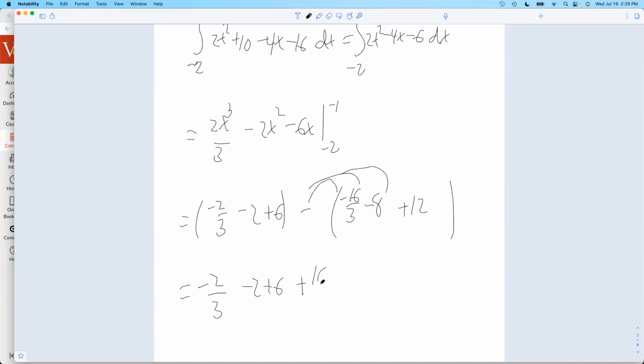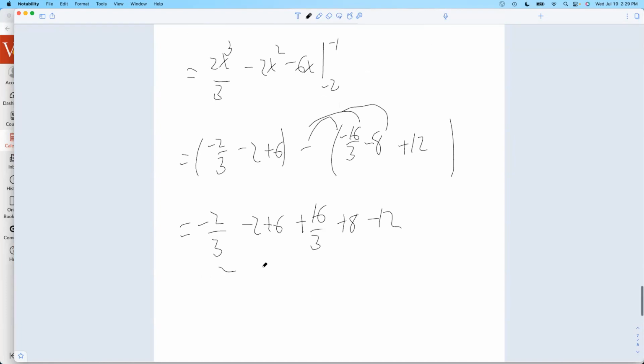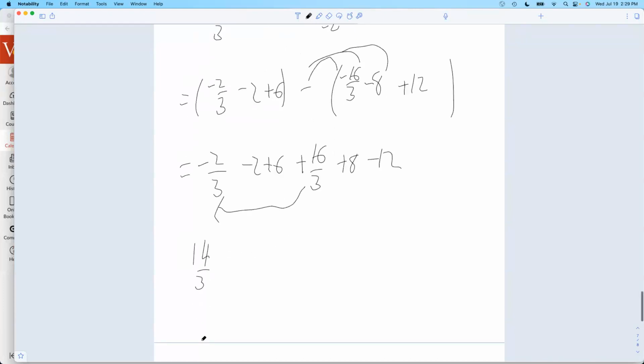I have +16 over 3 +8 minus 12. Because now I can just add these two together. That'd be 14/3. And I can just add all my numbers. 14 minus 14, those just all cancel. Okay, so that's region 1, 14 over 3.